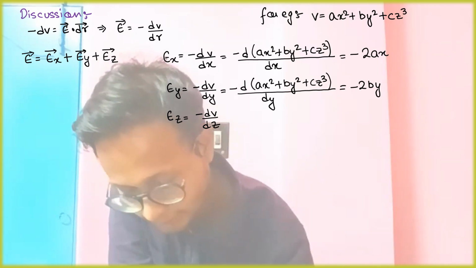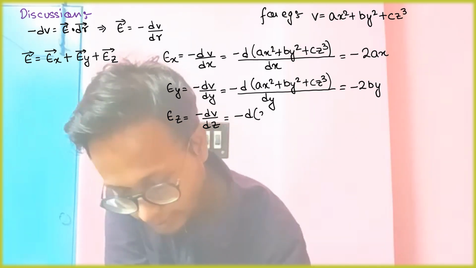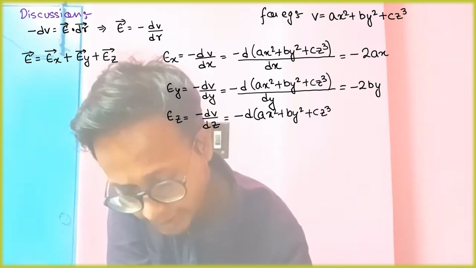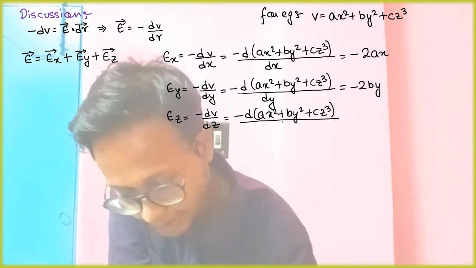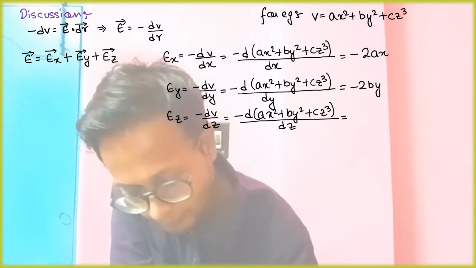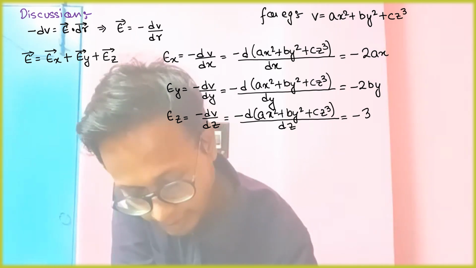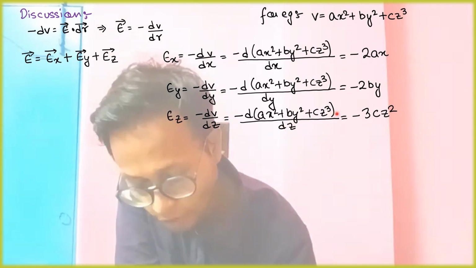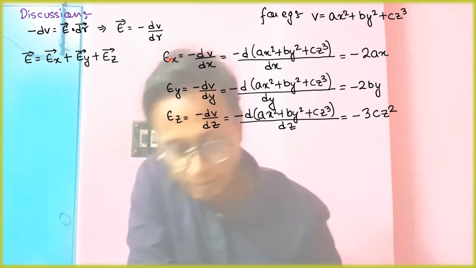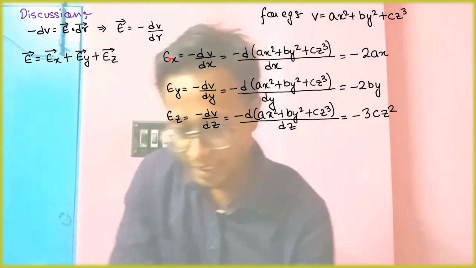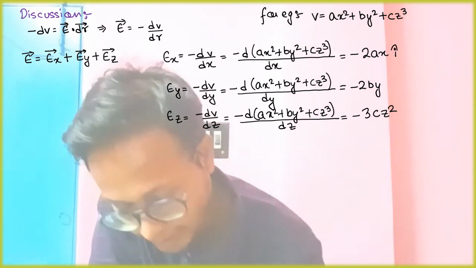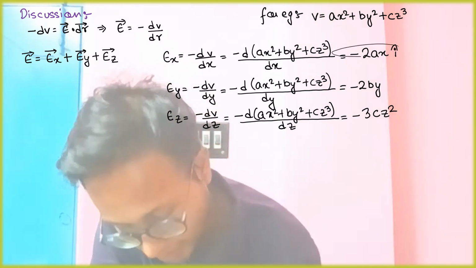Similarly for z, d(ax² + by² + cz³)/dz, minus 3cz². I'm differentiating only this term with respect to z because all other terms other than z are treated as constant. So electric field in x direction is given by minus 2ax i cap, because this is the x component of electric field.